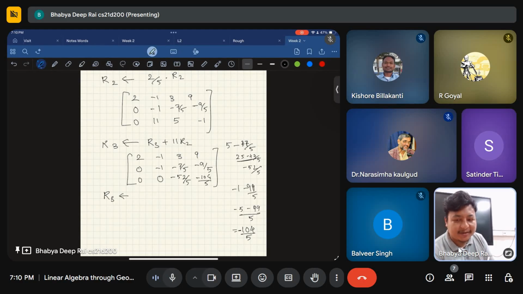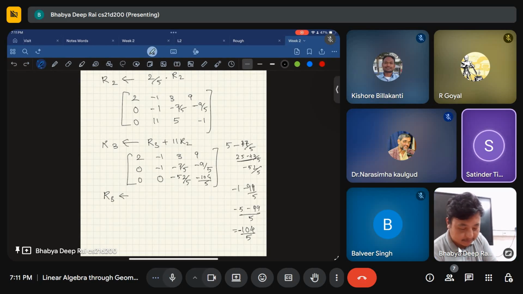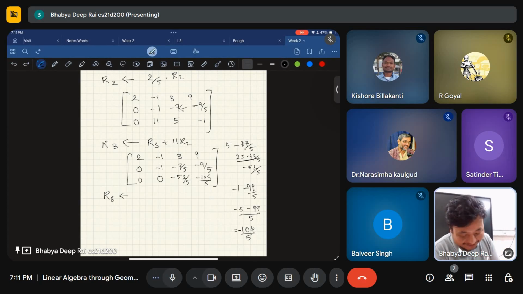That's right, Satinder. That's what I was saying. This is equivalent to saying minus 52 by 5 z equals minus 104 by 5. But if you try to respect the algorithm of Gaussian elimination, you need to set everything to 1. Okay, but yeah, I still agree with you.